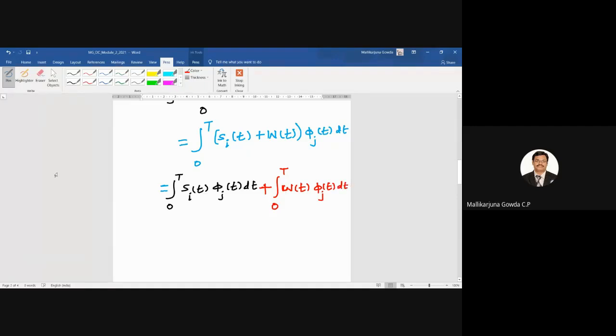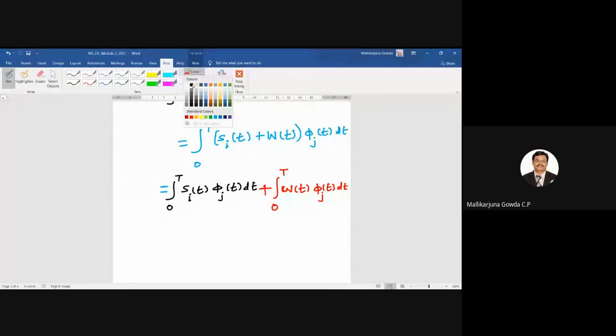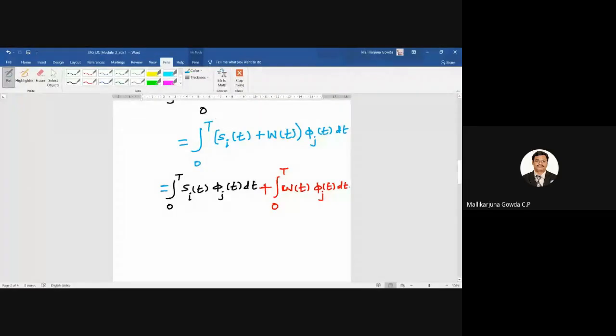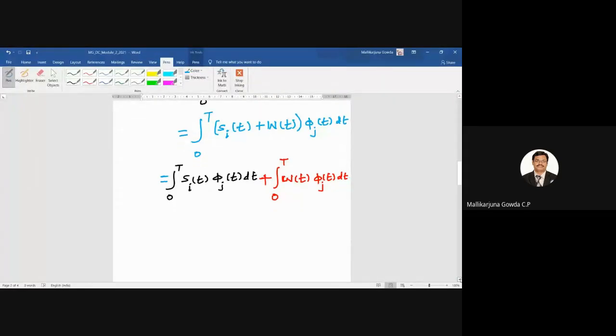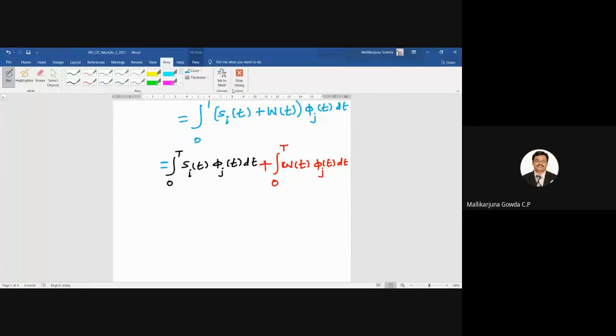Is this fine? I wrote integral 0 to t Si of t phi j of t into dt, plus integral 0 to t W of t phi j of t into dt.